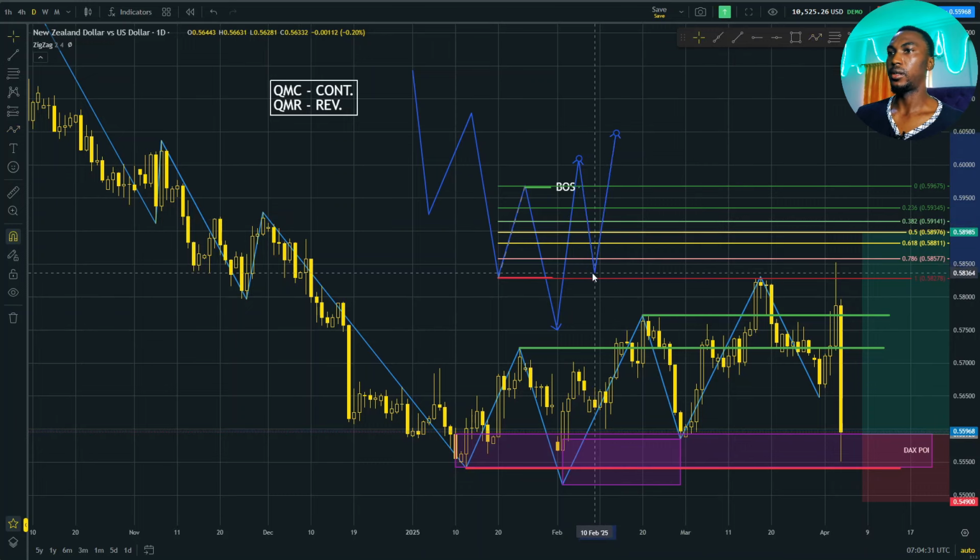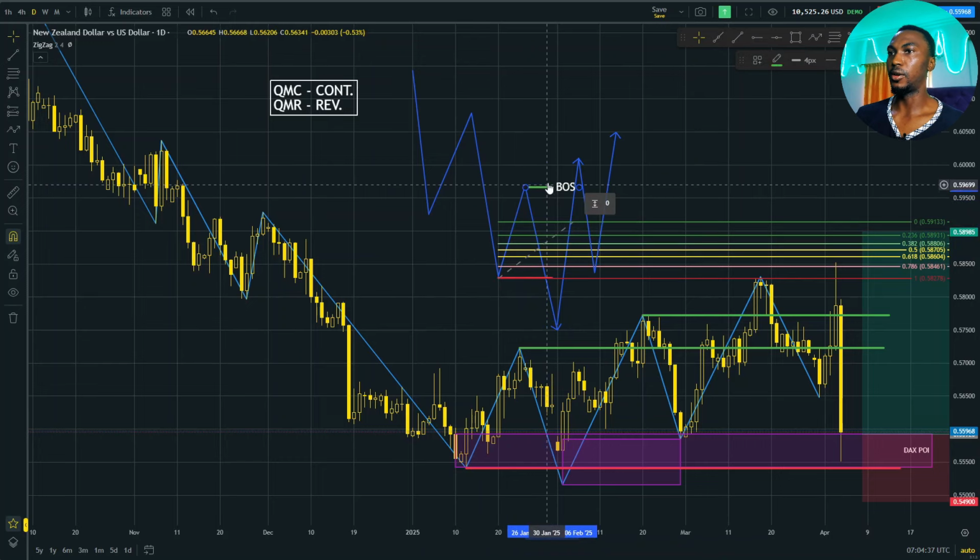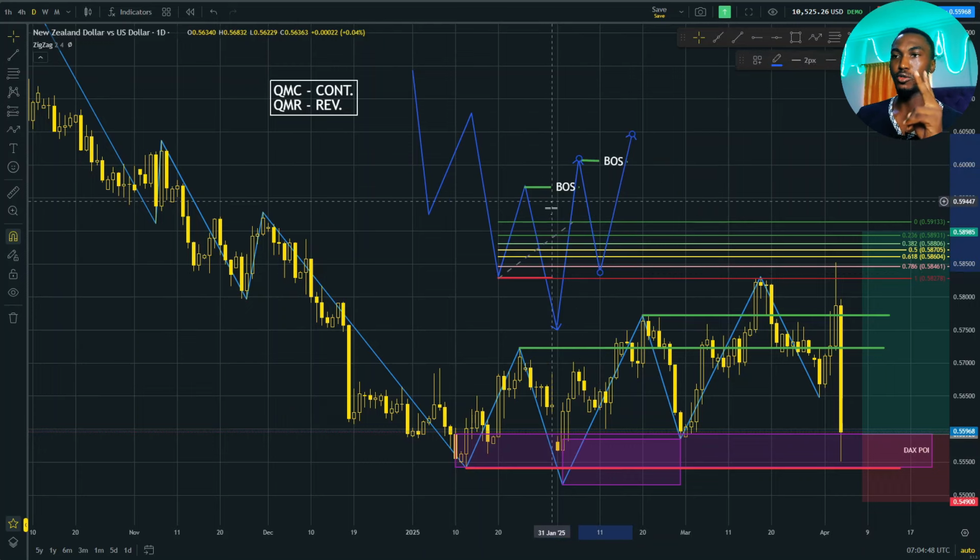If it moves upward, the target is to create another break of structure right here. It is now respecting it. Take note, there are two lows it's respecting.